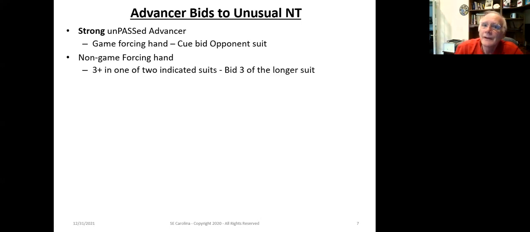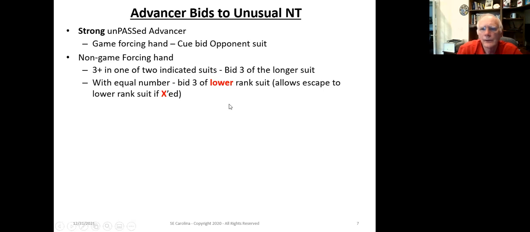All right, so if it's a non-game forcing hand, what you're going to do is you're going to bid 3 or more in one of the 2 indicated suits. Okay, and if you've got 3, you're going to bid 3 of the longer suit. If you have 4 in one suit and 2 in the other, it's obvious. 9 is better than 7. With an equal number, let's say that it's 1 no trump, 2 no trump shown.